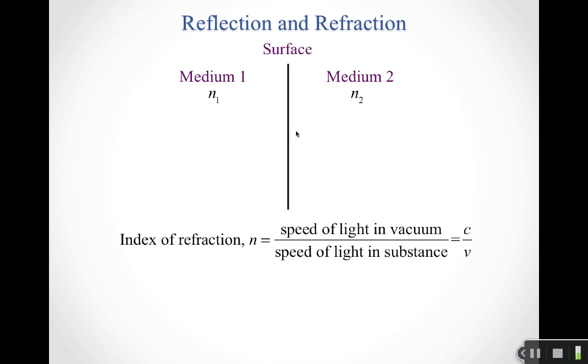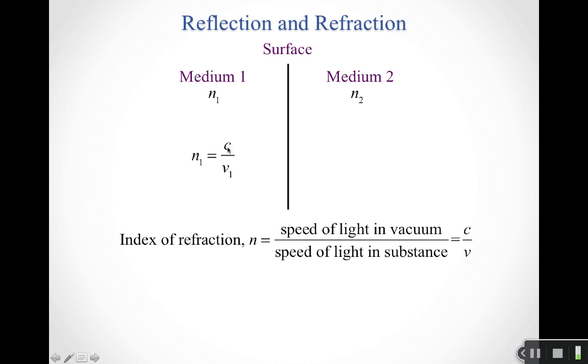Now, both of these media have a property that defines them known as the index of refraction. And the index of refraction is basically trying to tell you something about how much light has to slow down as it travels through this material. So we know that the speed of light in vacuum is c. Whatever the speed of light is in this substance has some velocity value v, and the index of refraction is the ratio of those two speeds.